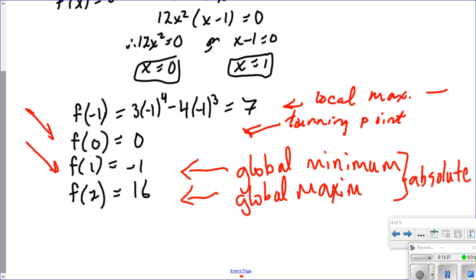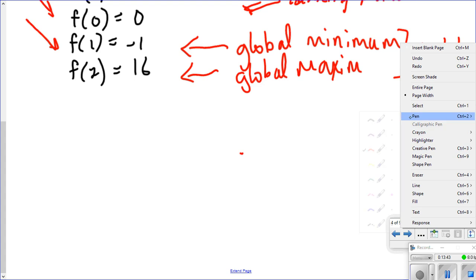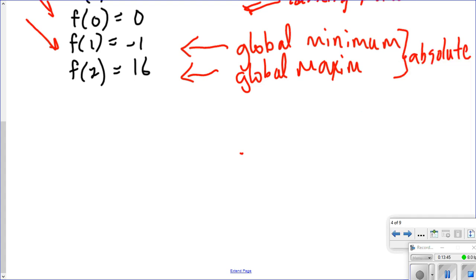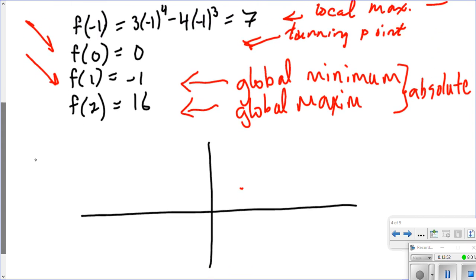So some people like to do it like this as well. They like to draw it on a number line or on a graph. A number line is really just the x-axis, and a sketch here. So let's do it this way. So at -1, I'm at 7. At 0, I'm at 0.